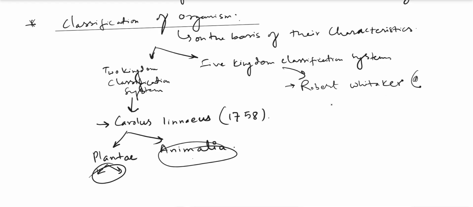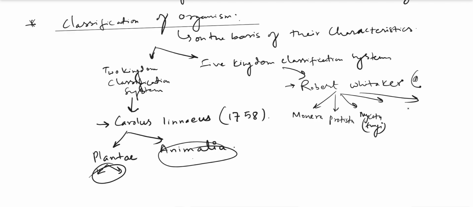In this classification system, the organisms are divided into five kingdoms, that is Monera, Protista, Mycota, or we can say fungi also, Plantae, and Animalia. So these are the five kingdoms of the five kingdom classification system.